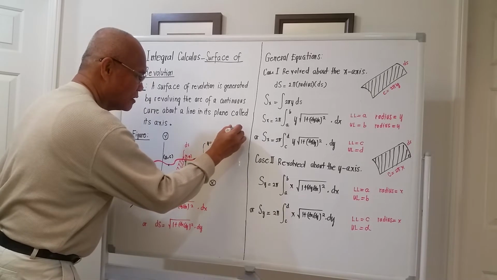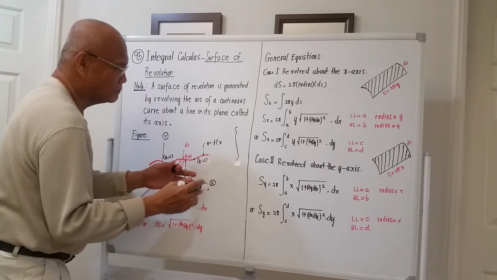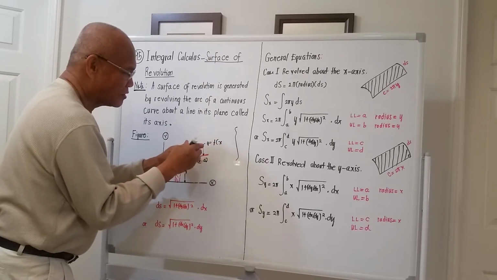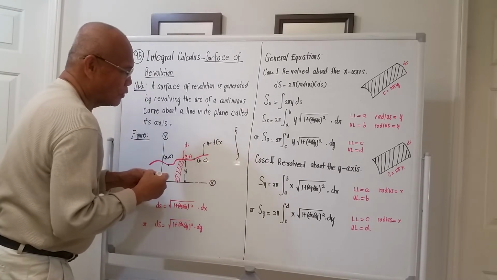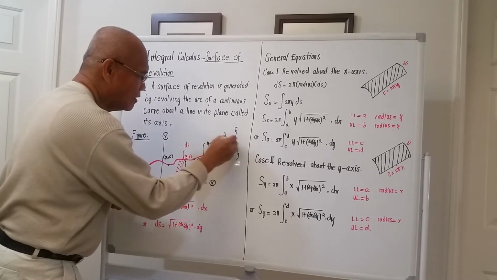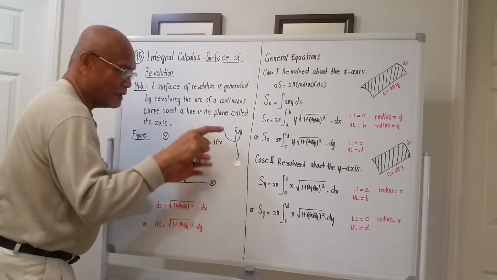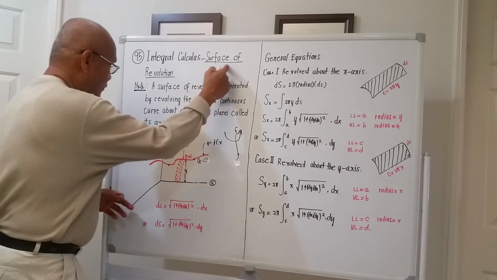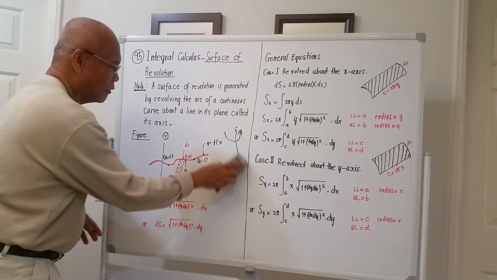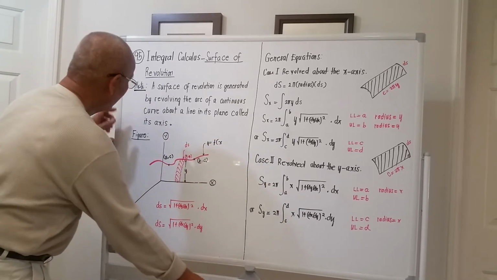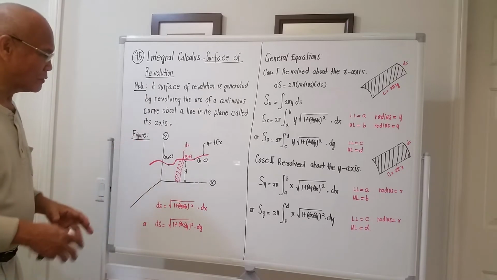If this is the curve, an arc or a curve, then we try to rotate this curve from this point here out to this, one complete revolution with respect to the y-axis. It still creates a surface of revolution. That's the meaning of these wordings over here. That's the concept of the so-called surface of revolution.